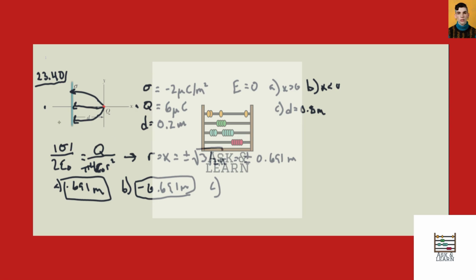Now, if the separation is increased, what happens is that we've moved this plate back beyond where this is, and so it can no longer exist. So in this situation, only the positive 0.691 meter 0 can exist.